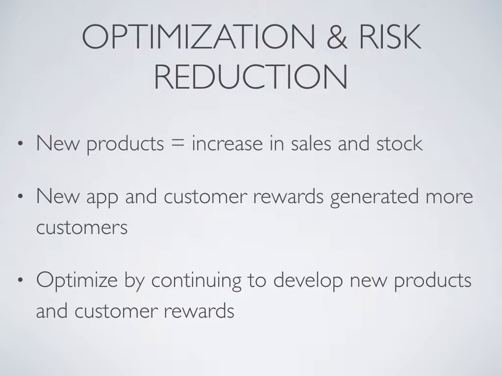One other thing that I recently discovered was that Starbucks now has its own credit card, with which you can earn points that you can trade in for beverages and food items in the stores. So for optimization, I would say they should continue to develop new products and customer rewards because that will only benefit their end profit, their sales, and their stock.